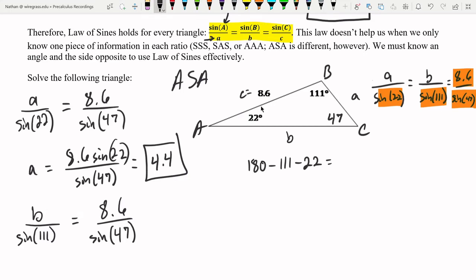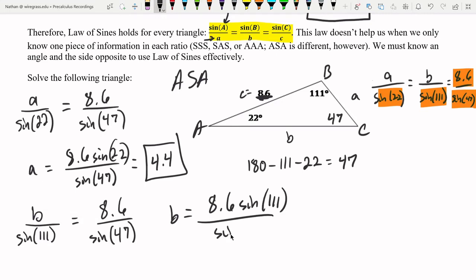So I know 8.6 is given to me, and 47, because that's the calculation, is exact. There's no need to worry about using that. Okay, it tells me that B equals 8.6 times sine 111 over sine 47. Plugging that in, actually it gives me 11.0.